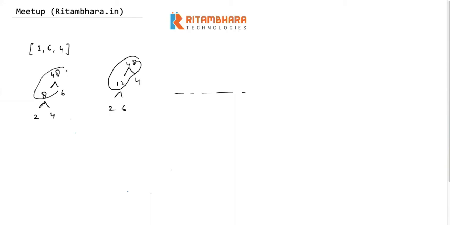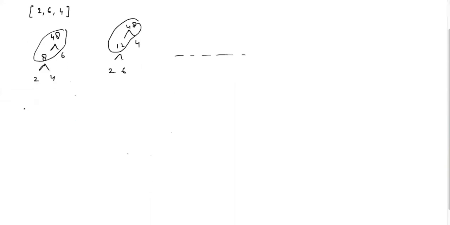nodes, right? So if the array is 1, 2, 3, 4, 5, then maybe what we can do is 1 and 2. So this will be 2. Then 2 and 3, so this is 6. Then maybe 4 and 5, so this is 20.